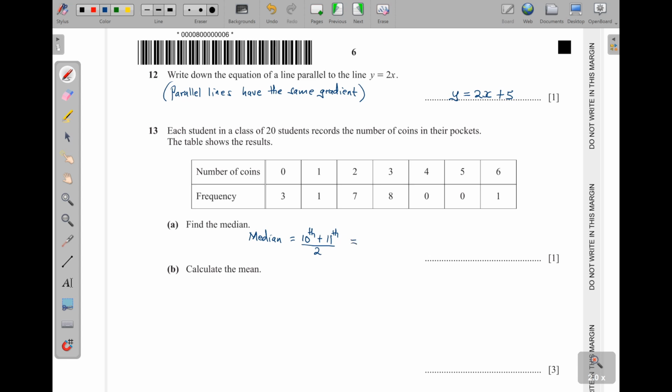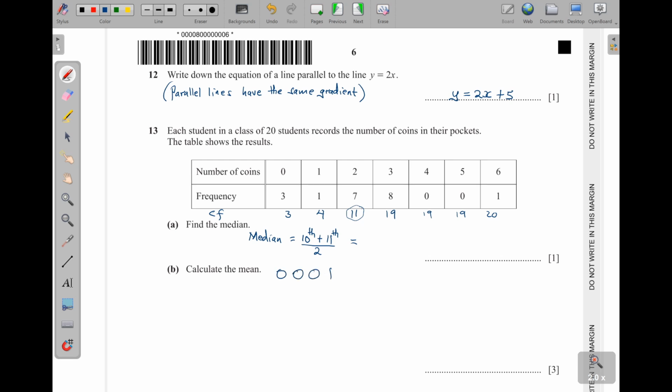And what will be the 10th value? We use cumulative frequencies. You add the frequencies. This is 3, plus 1 is 4, plus 7 is 11, then you get 19, and then 20. Now I want you to see that where 2 is, the cumulative frequency is 11. So that means the 10th value is a 2. We have 1, 2, 3, those are the 3 zeros.